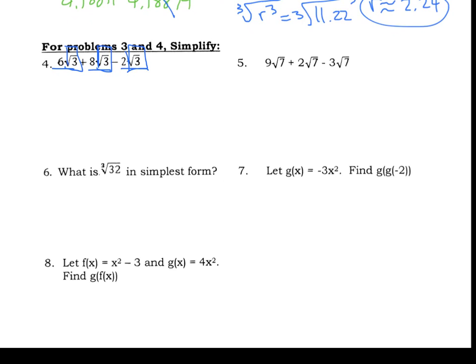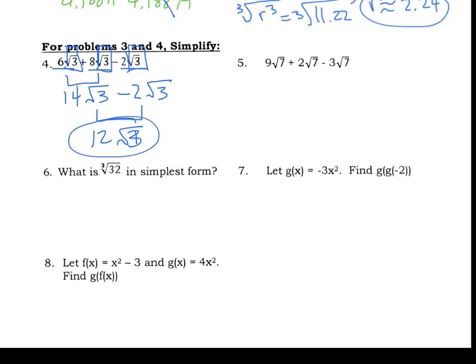So if I've got 6 square roots of 3 plus 8 square roots of 3, combined, I have 14 square roots of 3. Right? 6 plus 8 is 14. Now I still have to do my minus 2 square roots of 3, but same idea. If I have 14 of them minus 2 of them, I will end up with 12 square roots of 3.